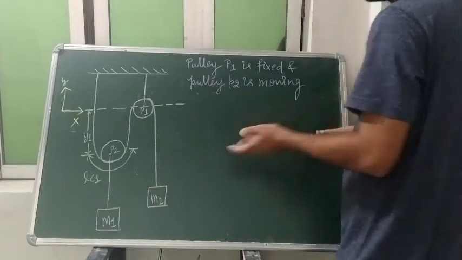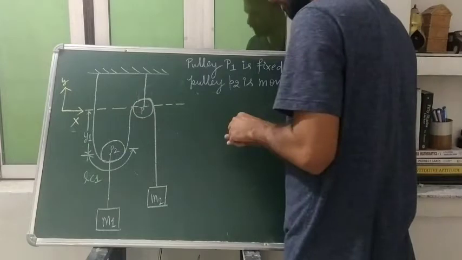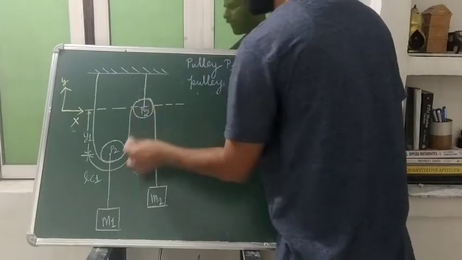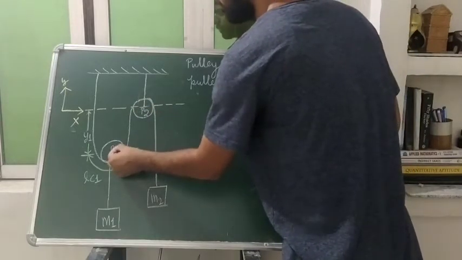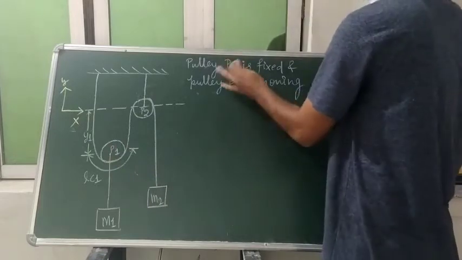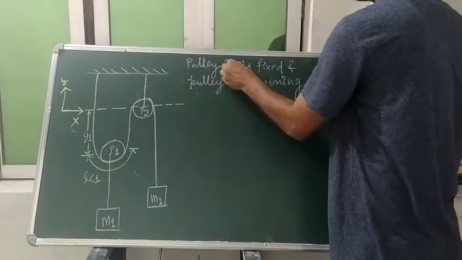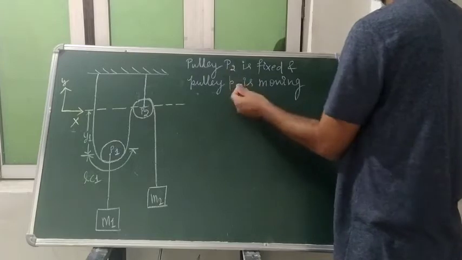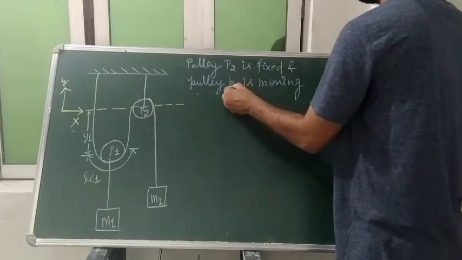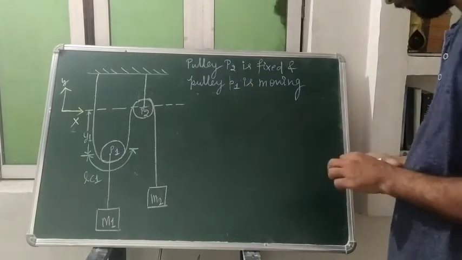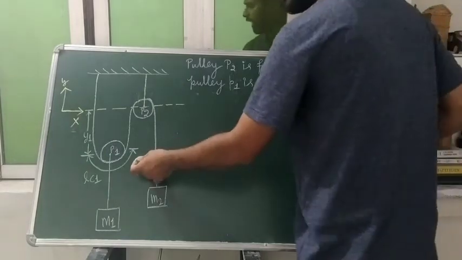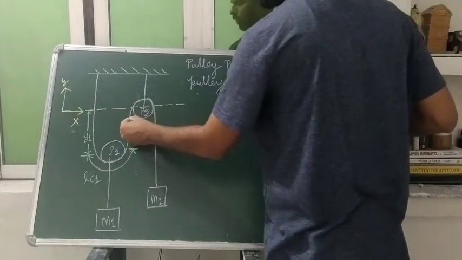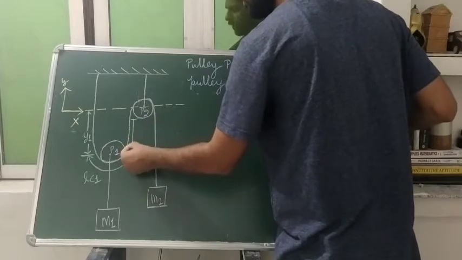Change this pulley. Okay. This is pulley P2 and this is pulley P1. This pulley P2 will be fixed and this P1 will move. Okay. So this is our LC1. Of course, this distance I will tell you.